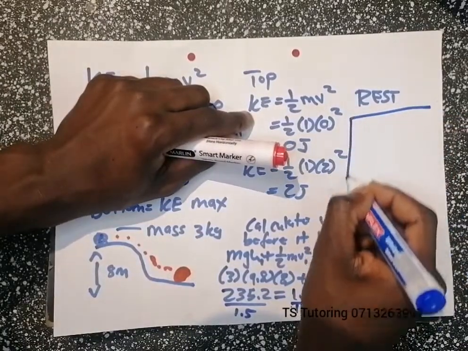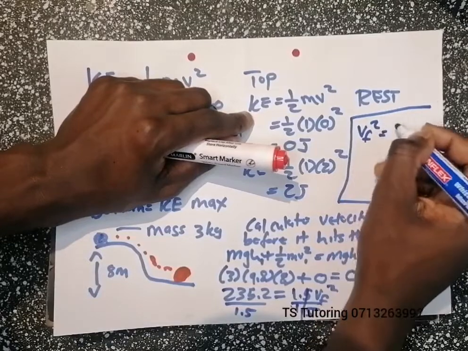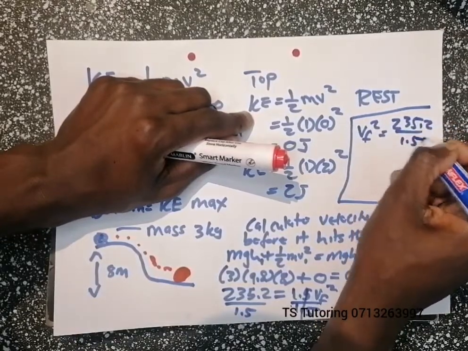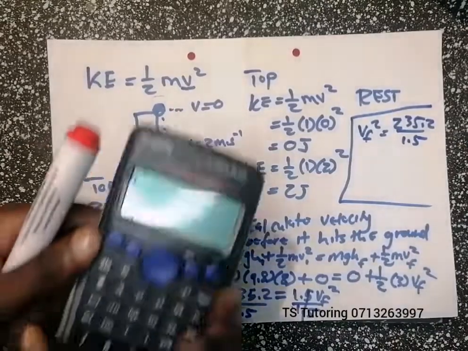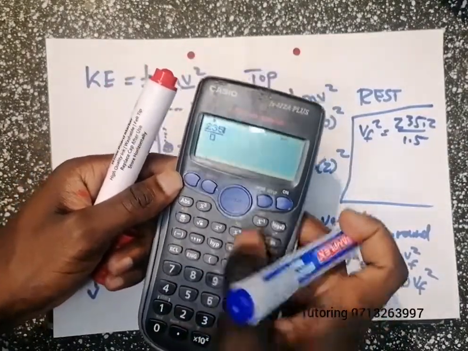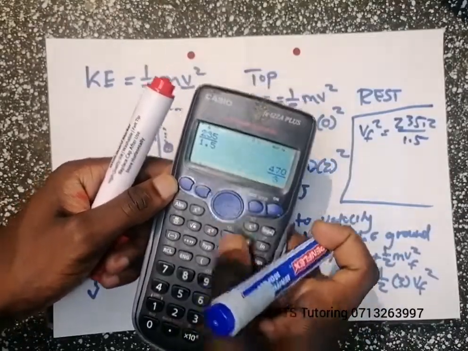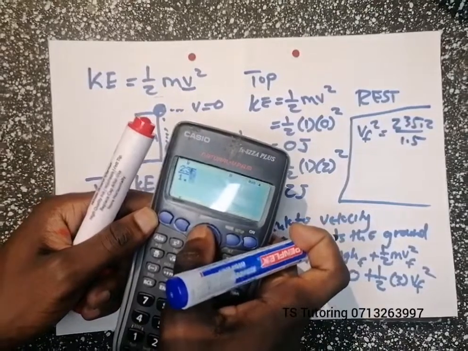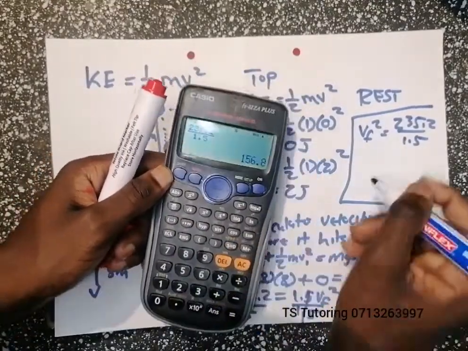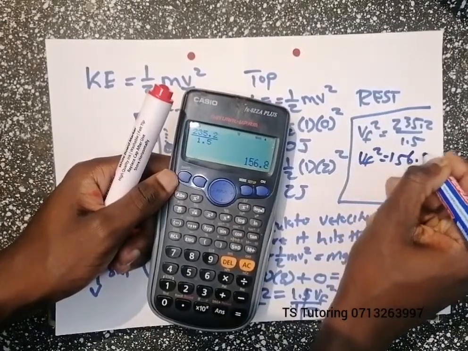So Vf squared will be equal to 235,2 divided by 1,5. On the calculator, 235,2 divided by 1,5 gives us Vf squared of 156,8.